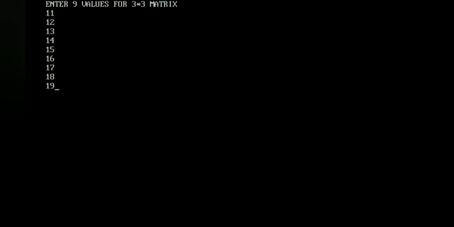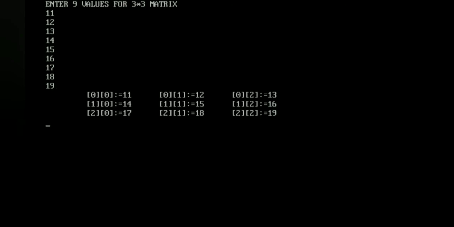Then 14 is stored at 1, 0, 15 is stored at 1, 1 and 16 is stored at 1, 2. So we will see the output like this. Then 17 is stored at 2, 0, then 18 is at 2, 1 and 19 at 2, 2. So like this the matrix will be visible here.